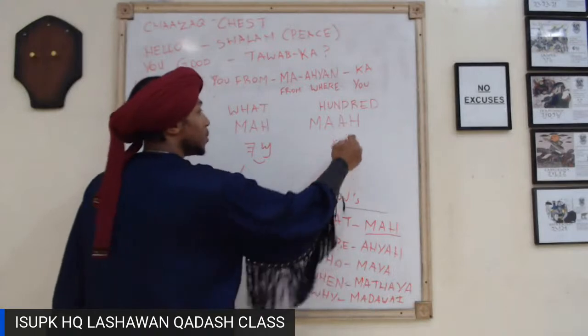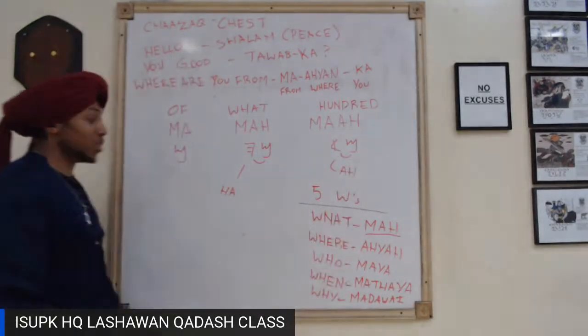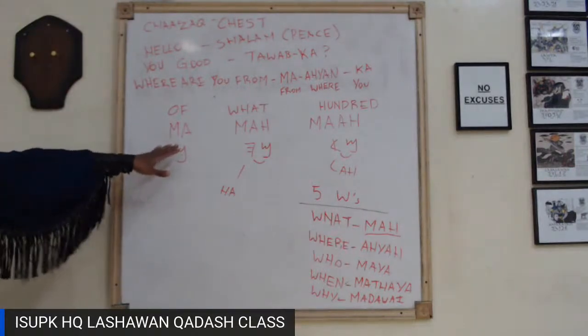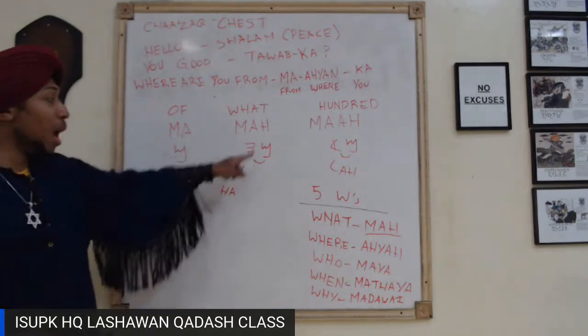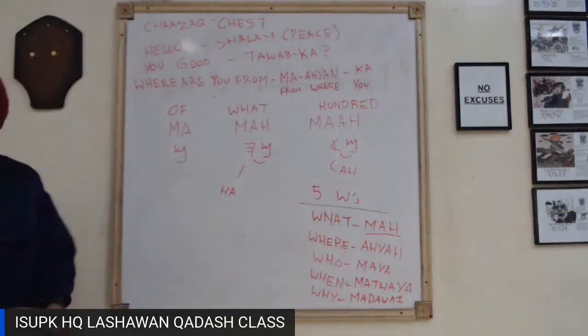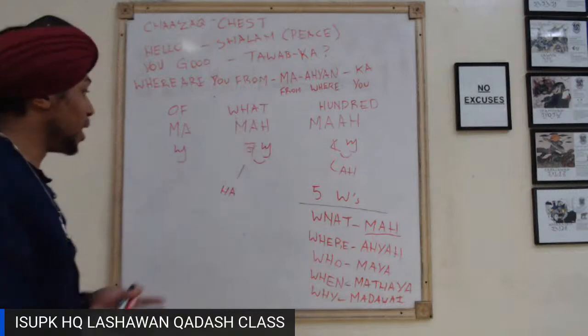All right? Ah sound. And this is by itself, so of course this is a short sound. Ma. Okay? And that's the sound. And you'll see this all over the place.